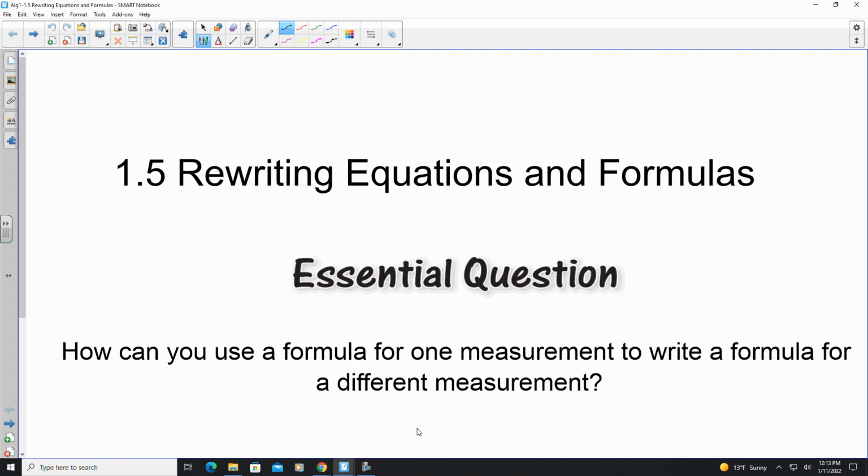All right, so now we are going into section 1.5, where we're going to be rewriting equations and formulas. Essentially in this lesson, we are going to be given a series of equations where you may have multiple variables in the equation. They are going to ask you to rewrite them with respect to a certain variable.